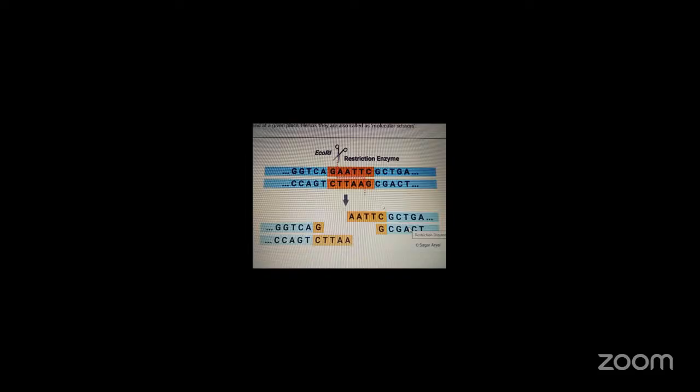Of more value, however, are the restriction enzymes that cut between the same two bases away from the point of symmetry on the two strands, thus producing a staggered break.